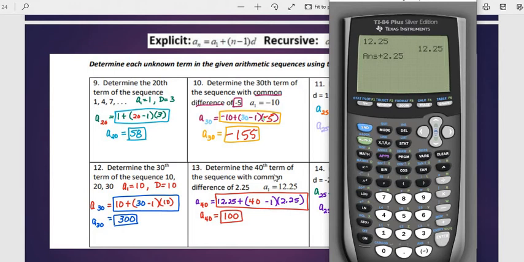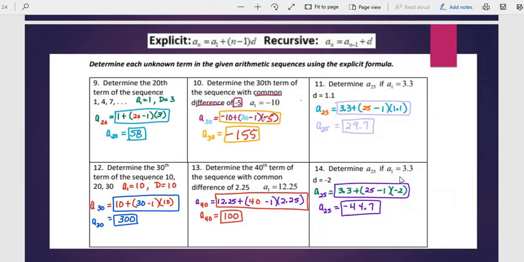And we have to go out 40 places. So 1, 2, 3, 4, 5, and you count out, and you don't want to have to do that 40 times. So instead, just simply put all of this at one time in the graphing calculator, and you come up with a 100. Now you're going to do the same thing for this. Simply substitute 3.3 in place of this, and you come out with a negative 44.7.